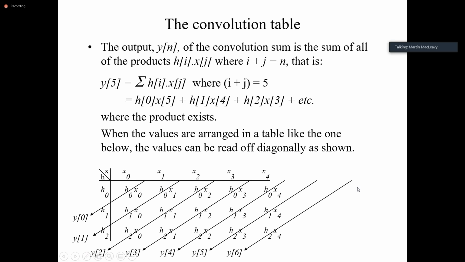And you fill out this table. And then simply to find your values, you take the diagonal values and you add them. Always first, that value will just be one value, and the same for down here, always just one value. So the first value you take and put there is your y0.